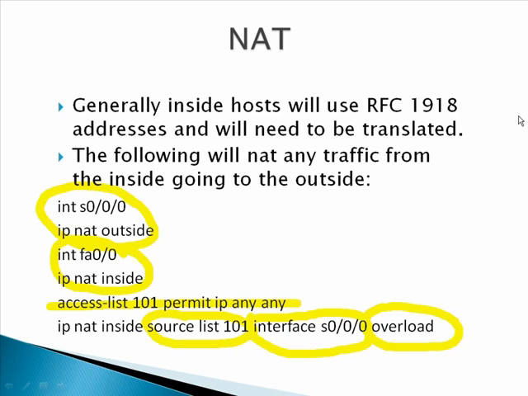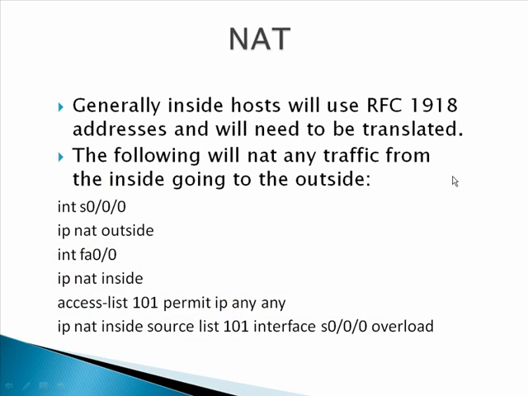Again, if you're not familiar with the definition of that, we're not going to take up time in this webinar explaining it. You can always Google it. It's easy to find out what PAT is, and probably you know.